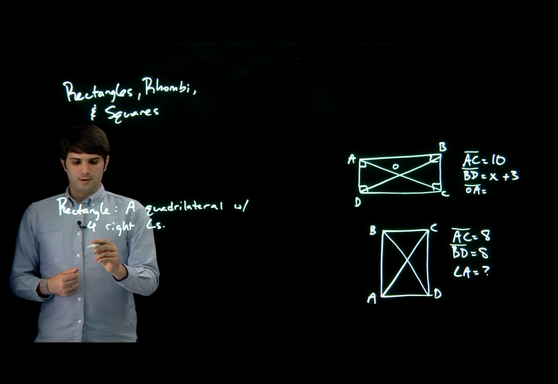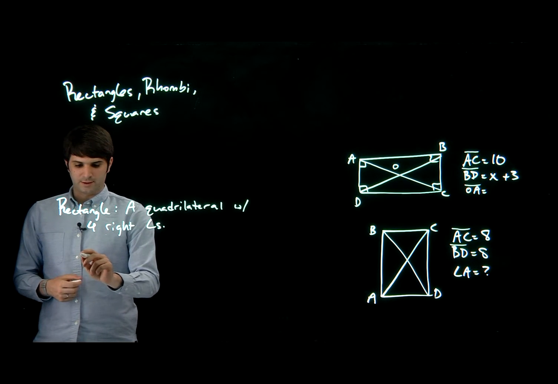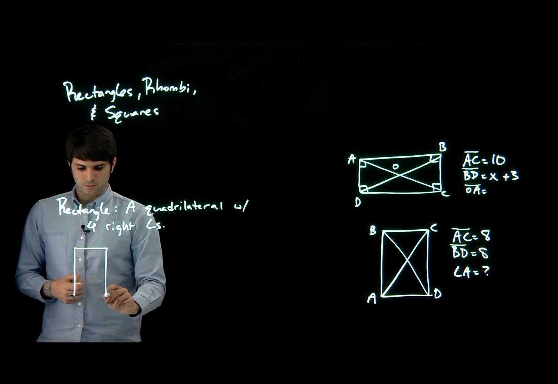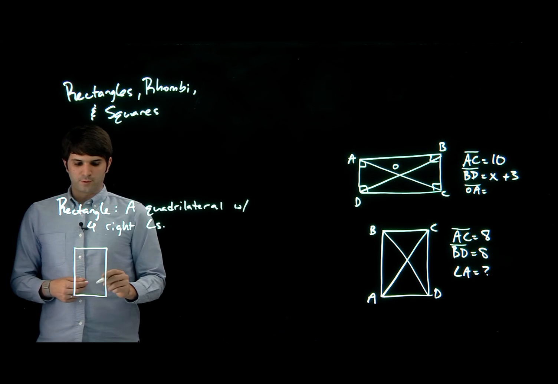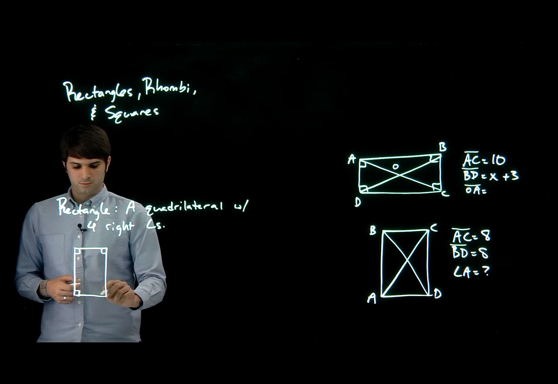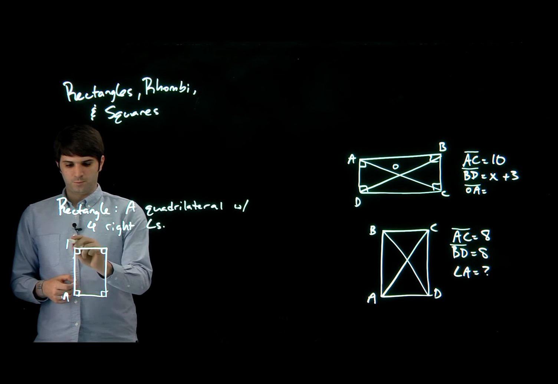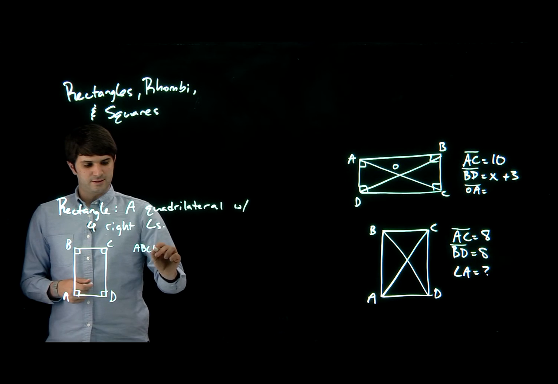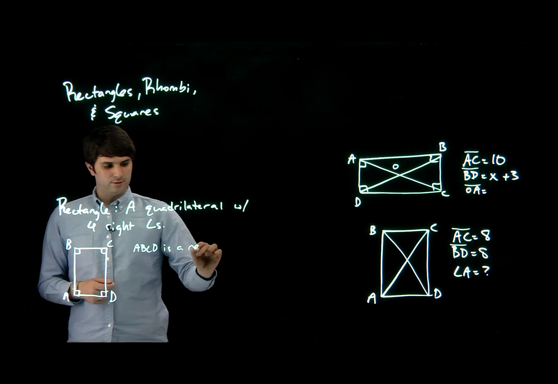First of all, let me draw this. If we have a rectangle, we have four right angles. A, B, C, D. So ABCD is a rectangle.